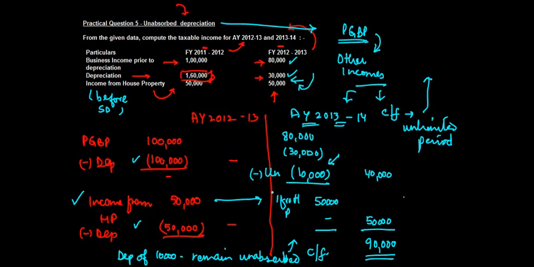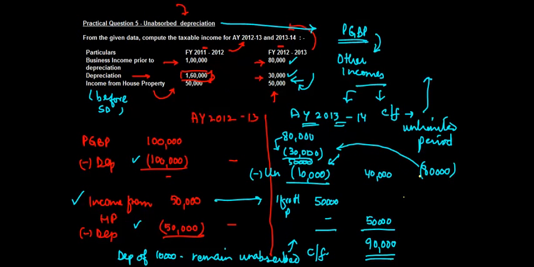Okay. The point to be noted here is that if, let's say, instead of 10,000, this depreciation carried forward, or rather unabsorbed, was 80,000, the law says that this unabsorbed depreciation will be treated as depreciation for the next year. The income which was left here would have been 80 minus 30, 50,000.